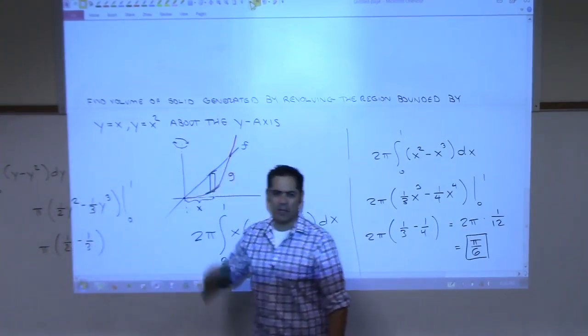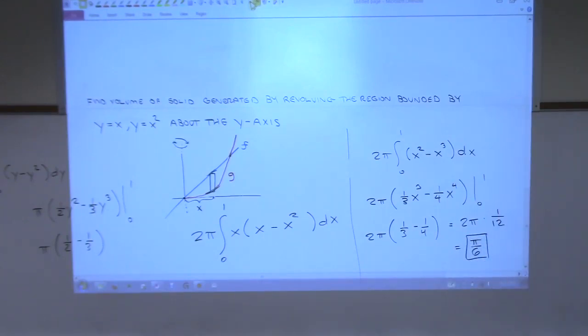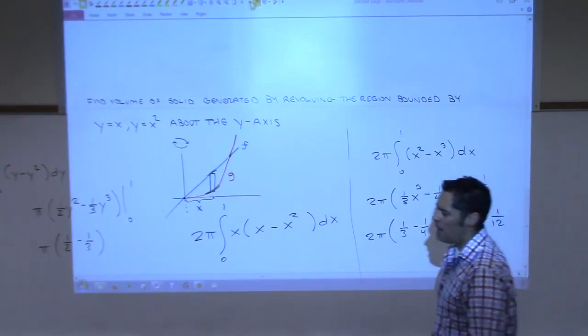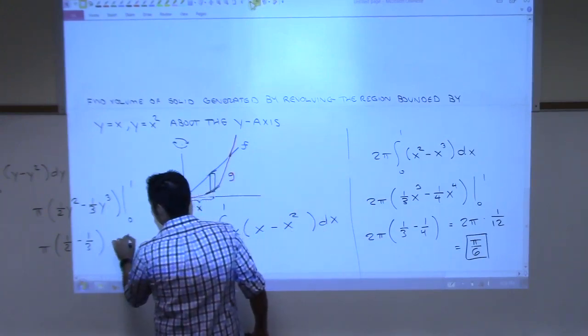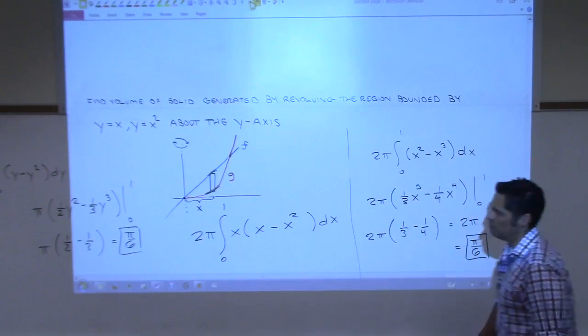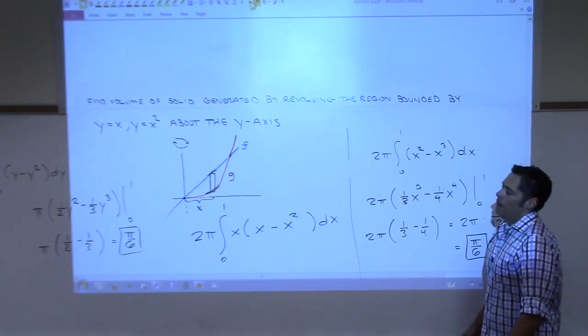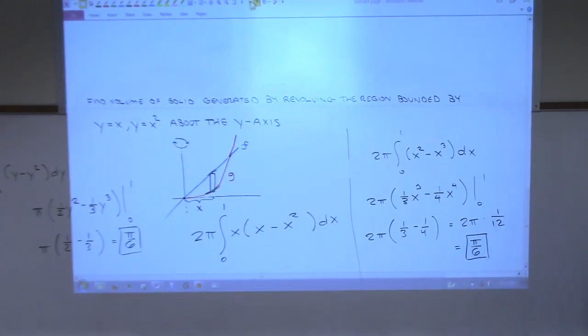Plug in 0, what do you get? 0. What's 1/2 minus 1/3? 1/6 times pi, pi over 6. So the fact that they're the same isn't a coincidence. It better be, right? Because the two methods achieve the same result. All right.